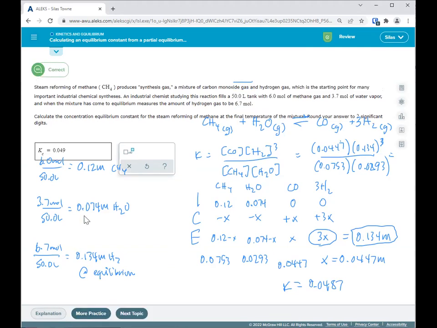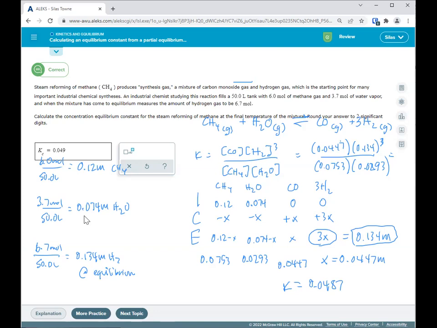There we go. So a lot to it, but a little bit simpler than the quadratic formula method in that we're given a way to solve for X. But still, a big part of this is: what is the question asking me? How do I convert to molarity, a concentration unit?